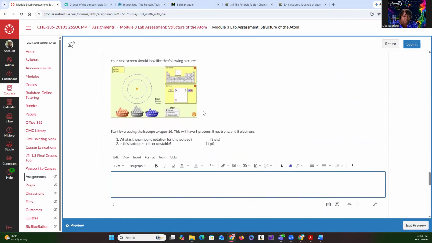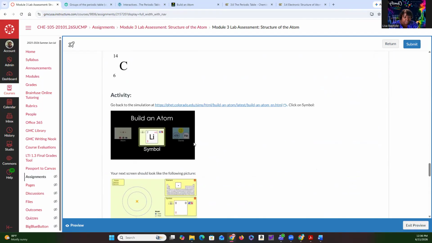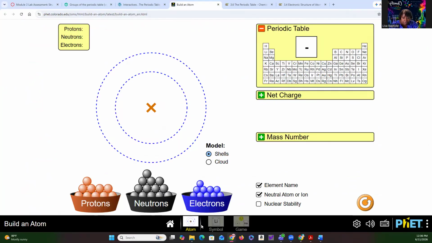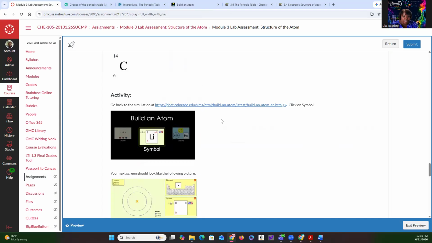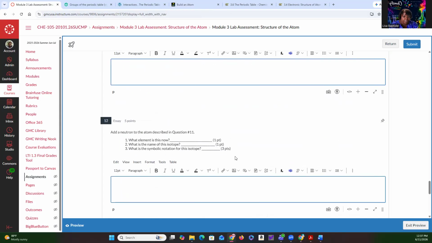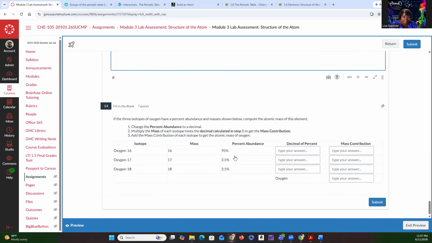And so you have the same build an atom program, but now we are looking at the symbol. All right. And so we're going to go to symbol. All right. And so this is what you're going to use for the second portion. All right. And then answer the questions based on that.